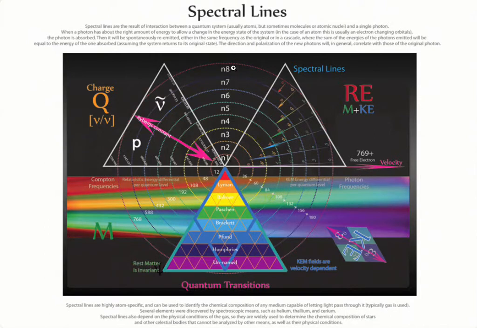Energy levels 1 to 8 within the bound atomic nuclei. We produce the spectral lines, all the spectral lines, and we've in fact documented within Tetryonics each and every spectral line and the frequency and the energy geometries that it takes to create them. That's another lecture.